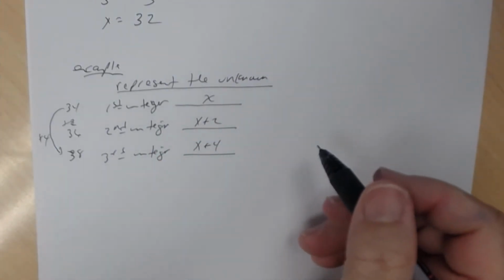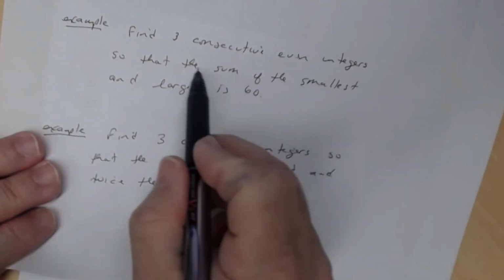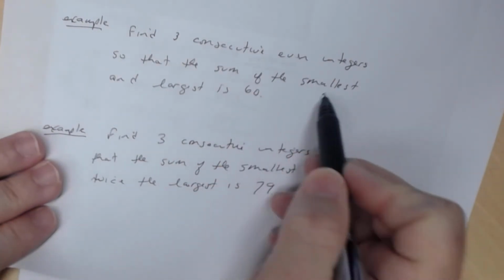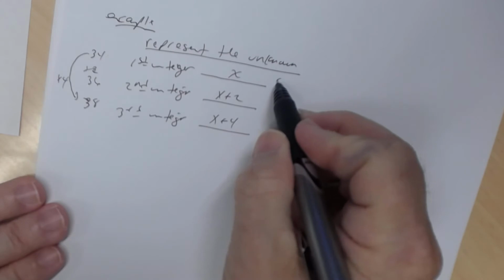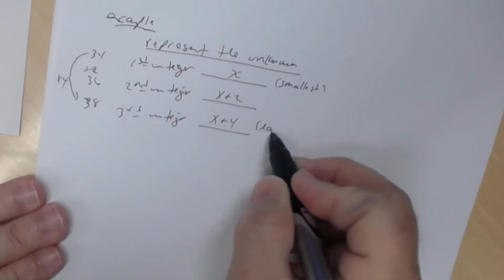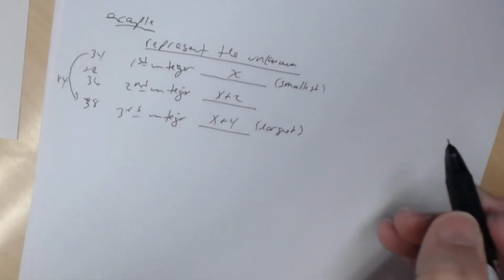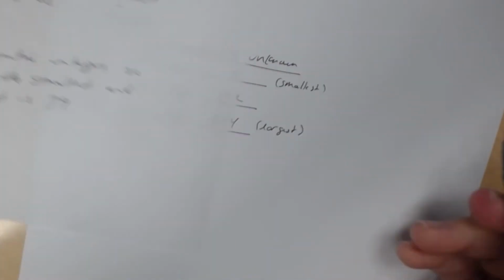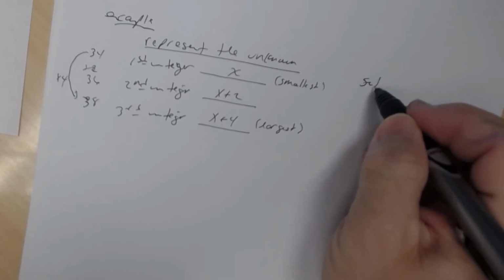All right, now you're told the sum of the smallest, so this is the smallest right here, and this has to be the largest. So I'm going to set up the equation.